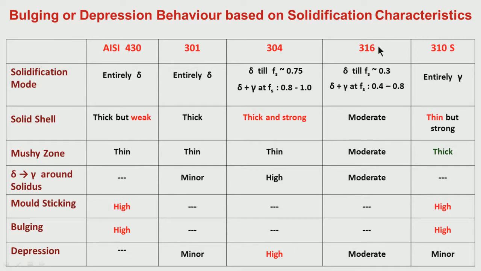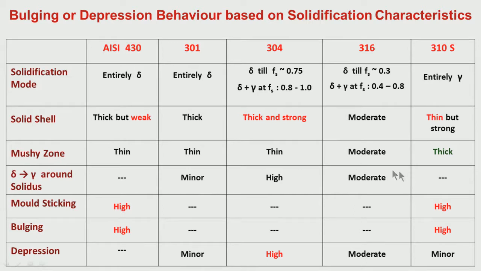316, what is happening? Delta is present only up to 30% of solid fraction. Lower than that, gamma has started forming, and gamma will be complete before the crucial brittle temperature region. Therefore, the relative amount of depression is there, but it is less compared to 304.